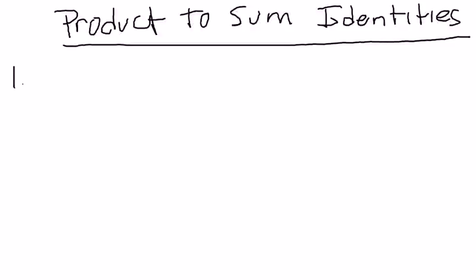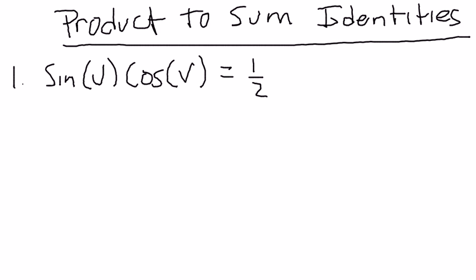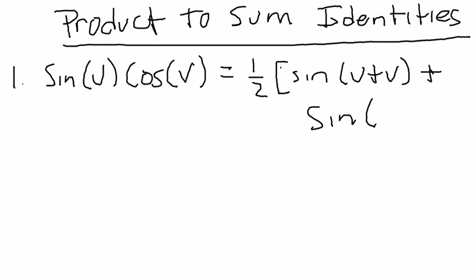First of all, if you have the sine of an angle u times the cosine of the angle v, you can rewrite that as 1/2 times the sine of u plus v plus the sine of u minus v.